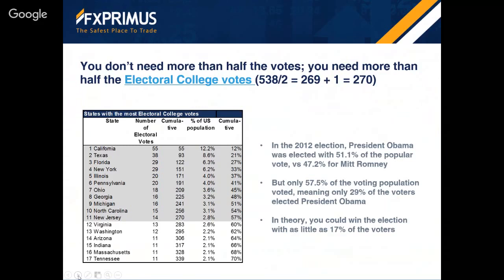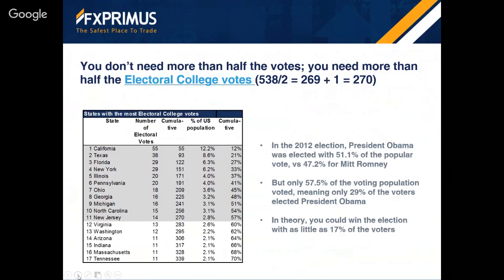There are 538 electors. Half of that is 269, plus one vote is 270. Those 11 states have 57% of the population. So if you got 51% of the vote of 57% of the population, you could win, and it wouldn't matter what the other 39 states did at all.